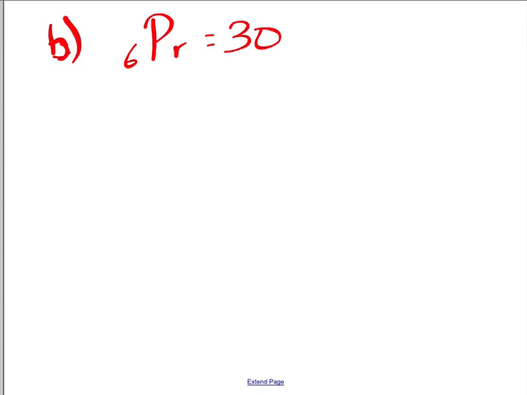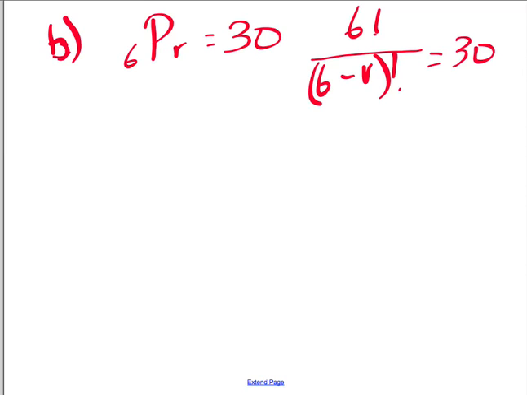All right, with this question, you've got the same thing. So now, following the formula, I got 6 factorial over 6 minus r factorial equals 30. Okay? Well, once I got this, I can get rid of the fraction, multiply both sides by 6 minus r factorial, and I would get 30 times 6 minus r factorial.